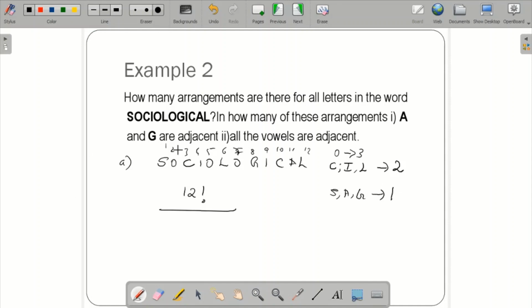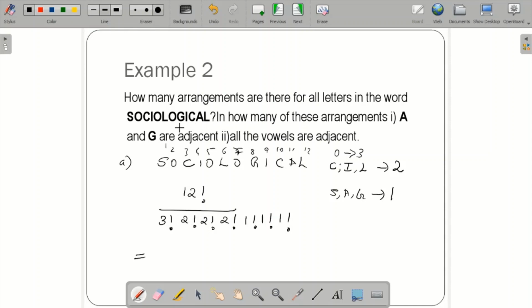So 12 factorial divided by 3 factorial of O, 2 factorial of C, 2 factorial of I and 2 factorial of L, and 1 factorial each of S, A and G. So that is 3, 2, 2, 2, 1, 1, 1. This is nothing but the number of permutations of the word sociological.